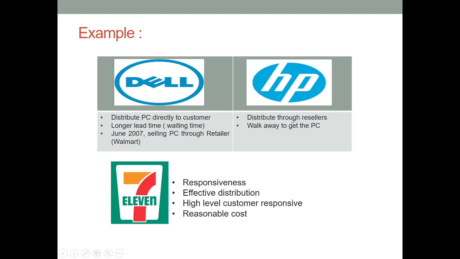From the manufacturer, HP distributes the products to the reseller. How does the customer get the products? The Dell customer has to wait a longer time, maybe because the factory is far away from the customer, so the customer waits longer compared to HP. The HP customer can walk to the reseller or retailer to get the PC.